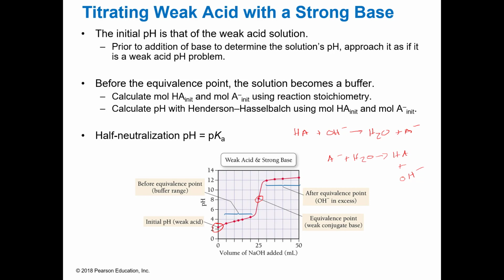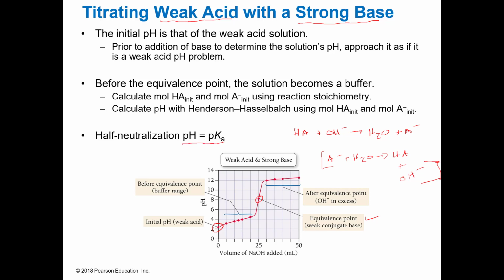All right? So what you need to focus on is when you're titrating a weak acid with a strong base, you will have an equivalence point that is above pH 7, and the reason is spelled out here. Now, when does the pH equal the pKa, and why do I care?